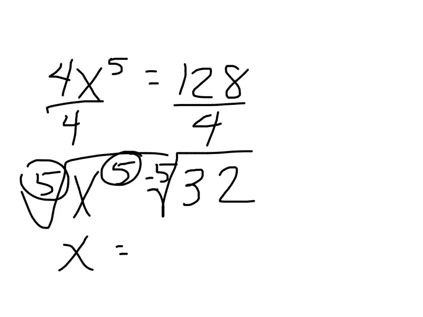When it's an odd root, it's not plus or minus. When it's an odd root, it's whatever the answer or underneath the house is. So if it's a positive number there, then the answer is positive. If it's negative underneath there, then the answer is negative.